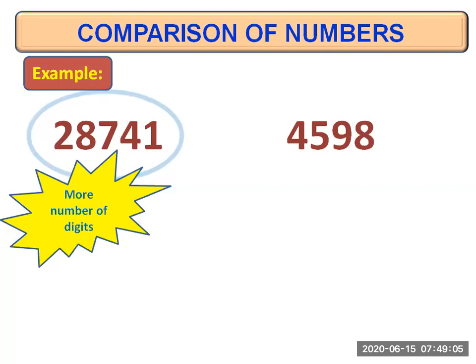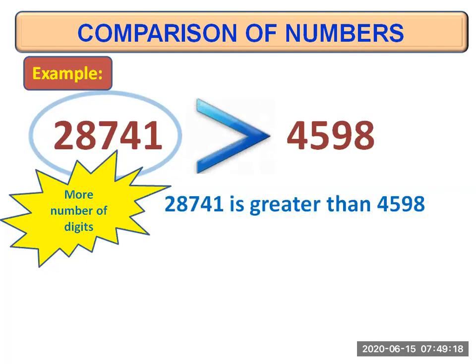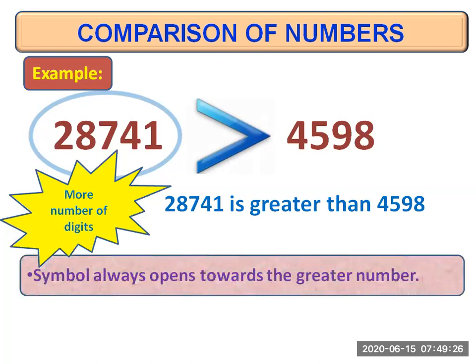And the mouth of that big hungry alligator will be open towards the bigger number, like this, and we'll say that 28,741 is greater than 4,598.